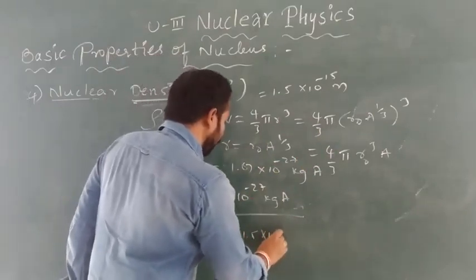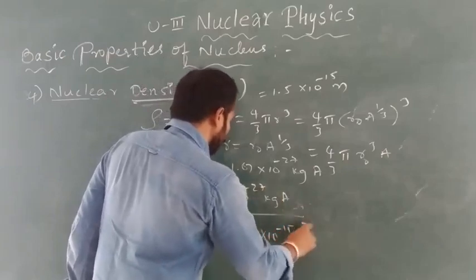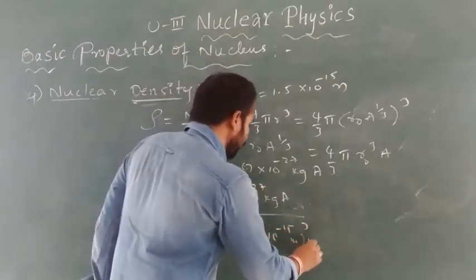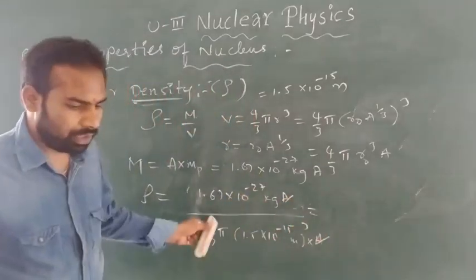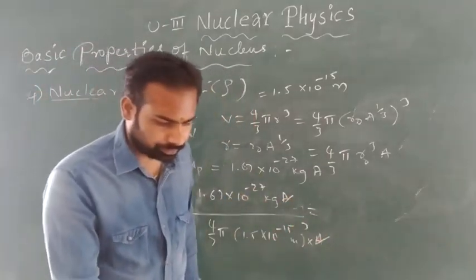A will get cancelled. If you solve this, how much do we get?